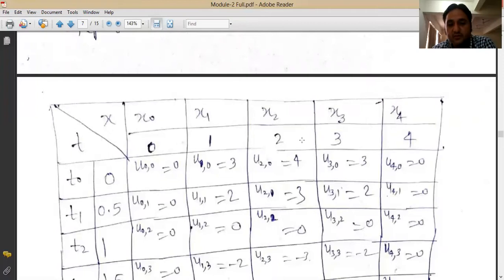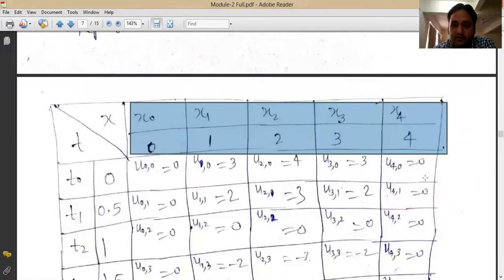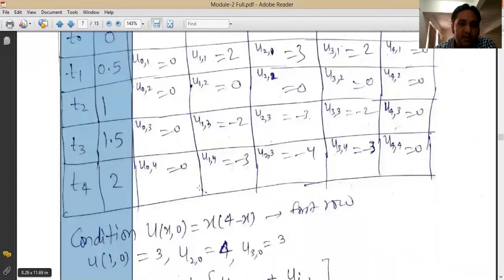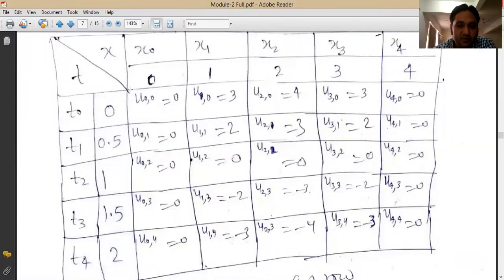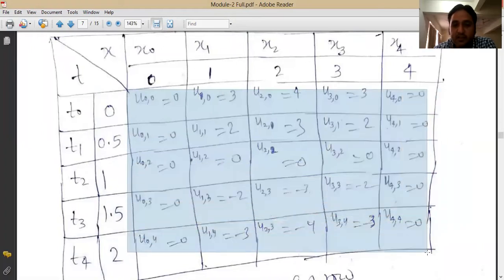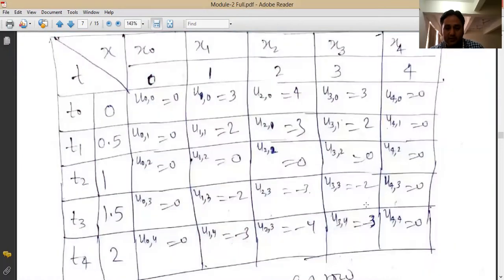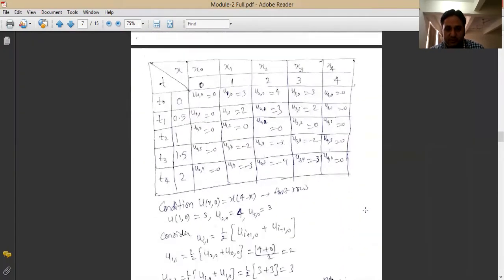Considering those values, we will prepare the table of values, first just the structure. All the intermediate values in the table are calculated by the formula. I will just unzoom this so you will be able to understand more.